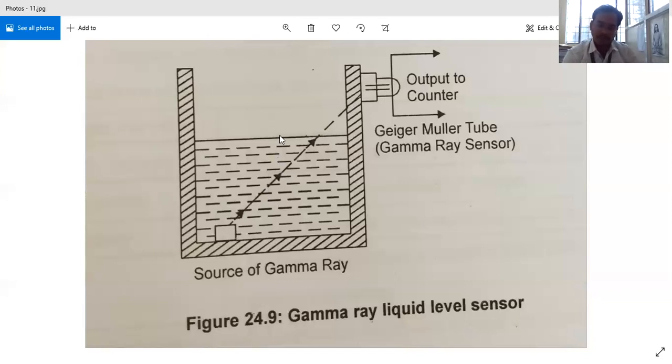If the level of the liquid is more, the intensity of gamma rays reaching this sensor is high. If the level is less, the intensity is less. The output value received by this gamma ray sensor will be calibrated for determining the level of liquid in the tank. So this is how the gamma ray liquid level sensor works.